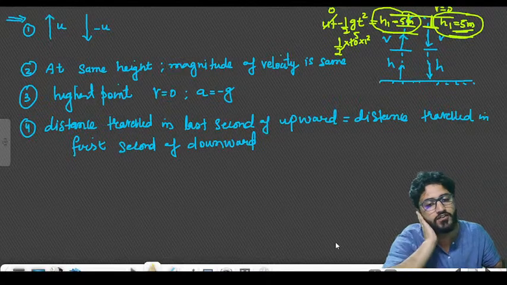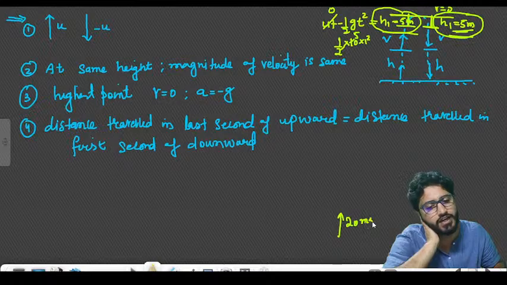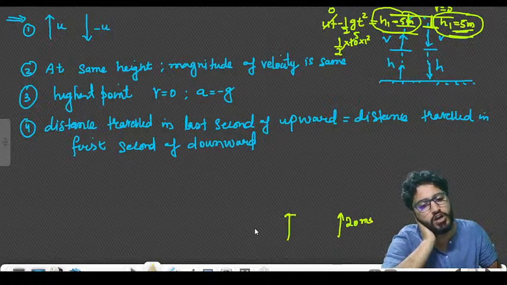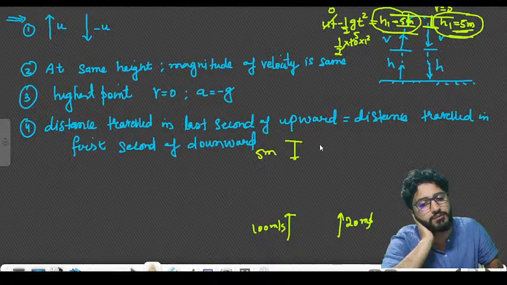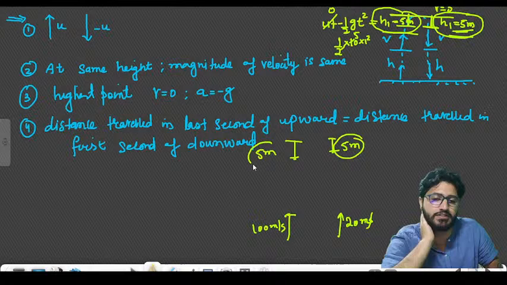If you had thrown your body with velocity 20 meters per second, or with 100 meters per second, always last second distance will be 5 meter only, no matter what your speed is.